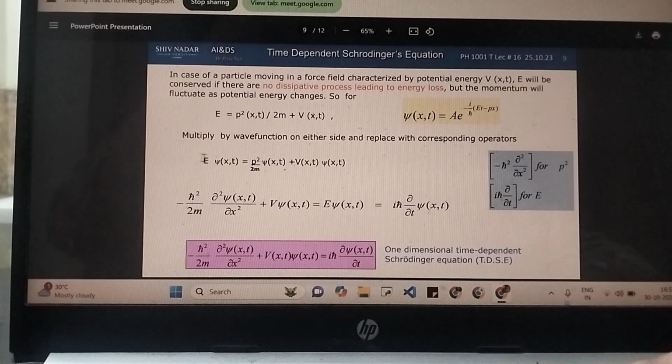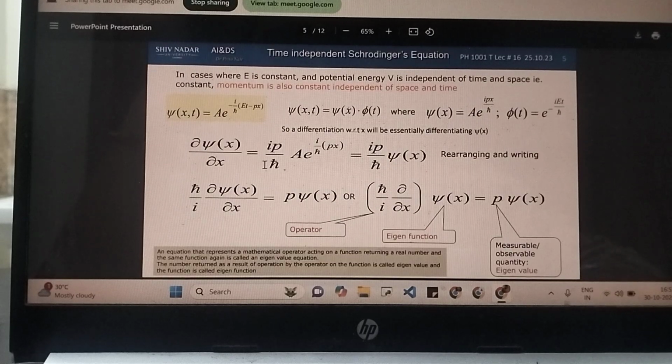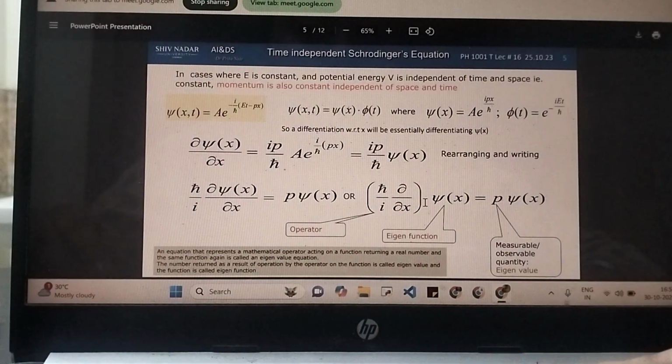So where I have E psi x comma t, I will put that expression. And for p squared, we had the expression for p. So because this is the expression for p, when you square it, you will get the expression for p squared.